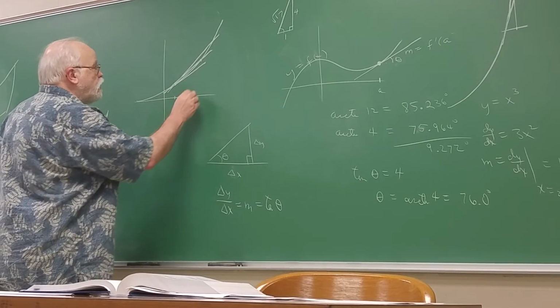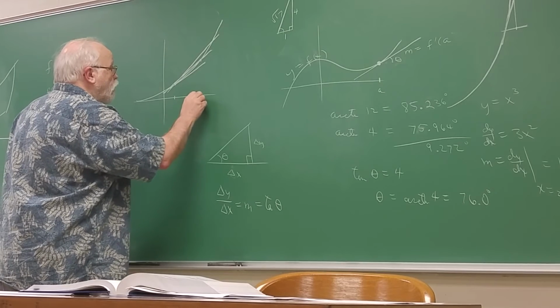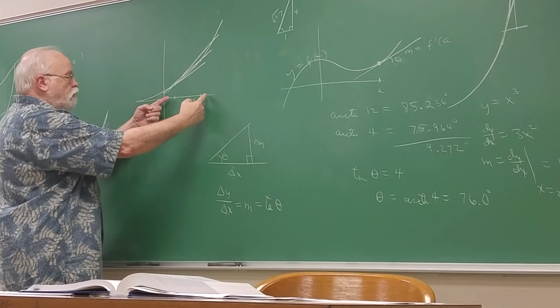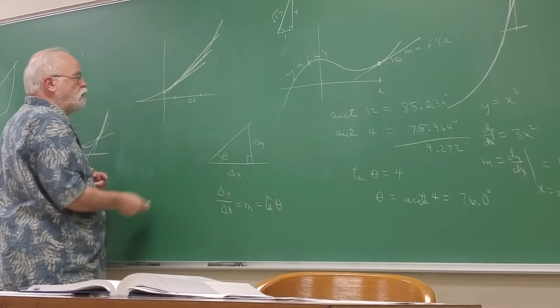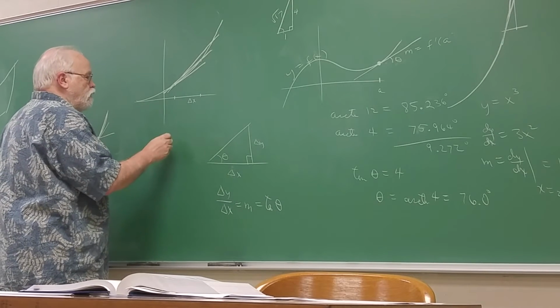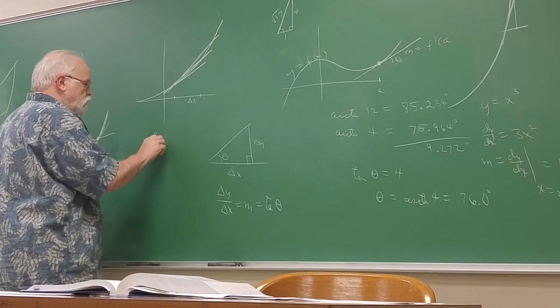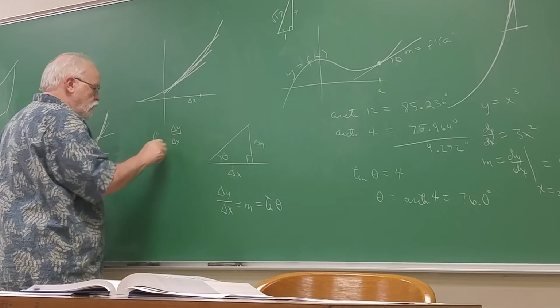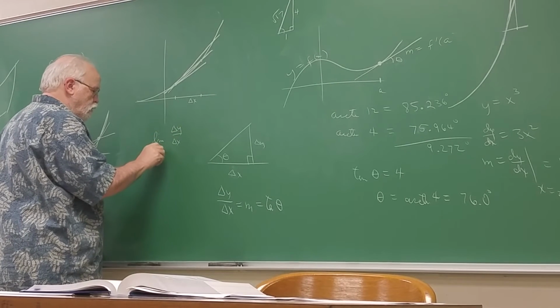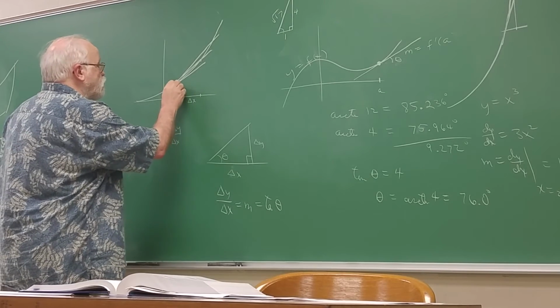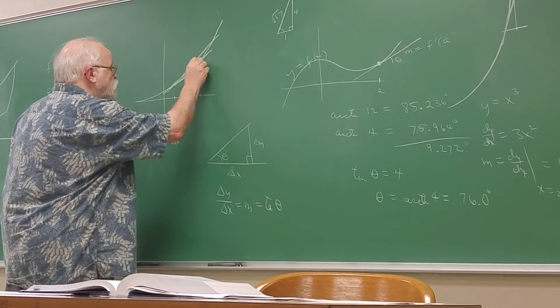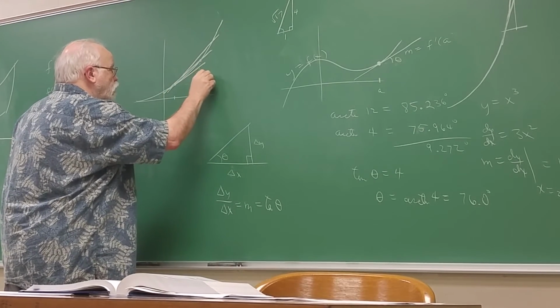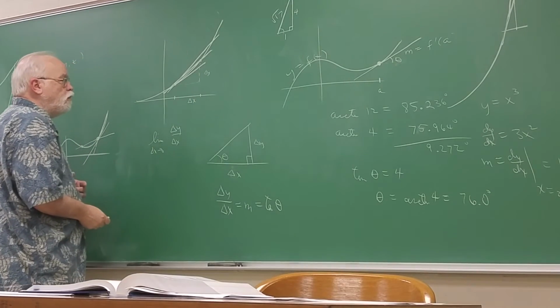So here's delta x. Or we have this bigger delta x, but now we're just letting it go down to 0. And we take a limit of delta y over delta x as delta x goes to 0. Here would be delta x, and then this would be delta y, and that gives me a slope.